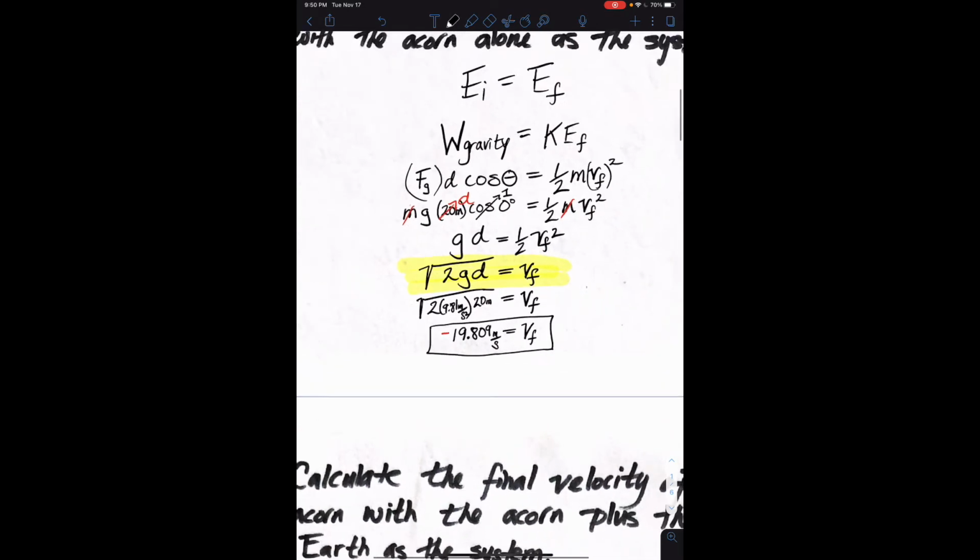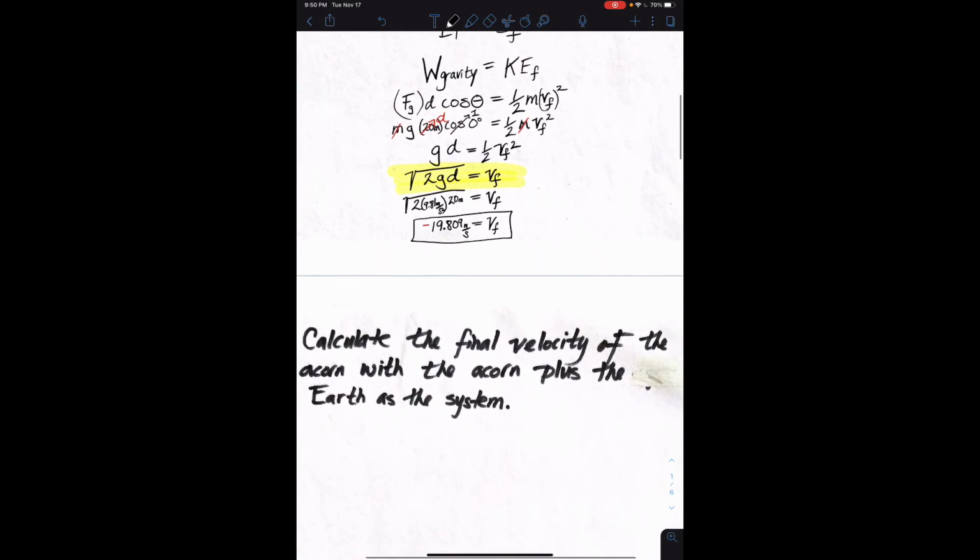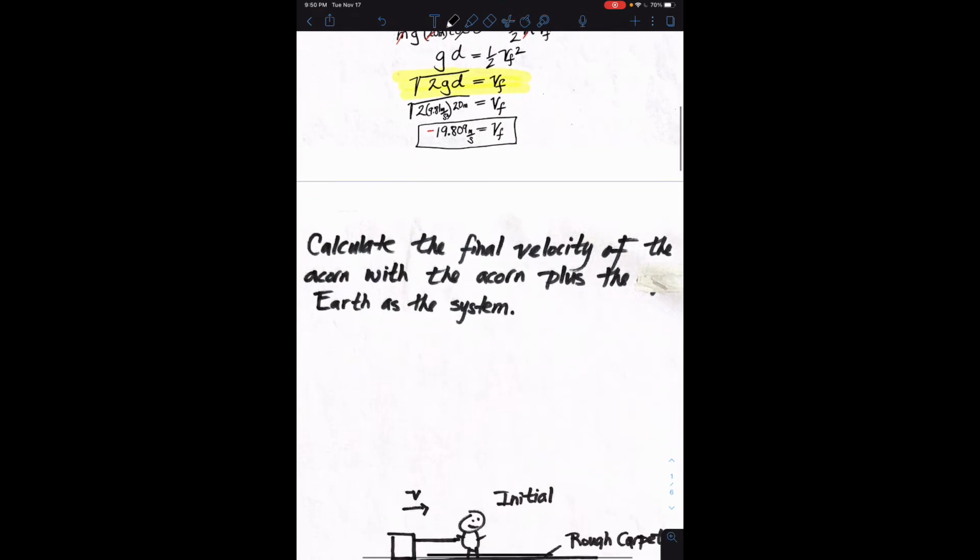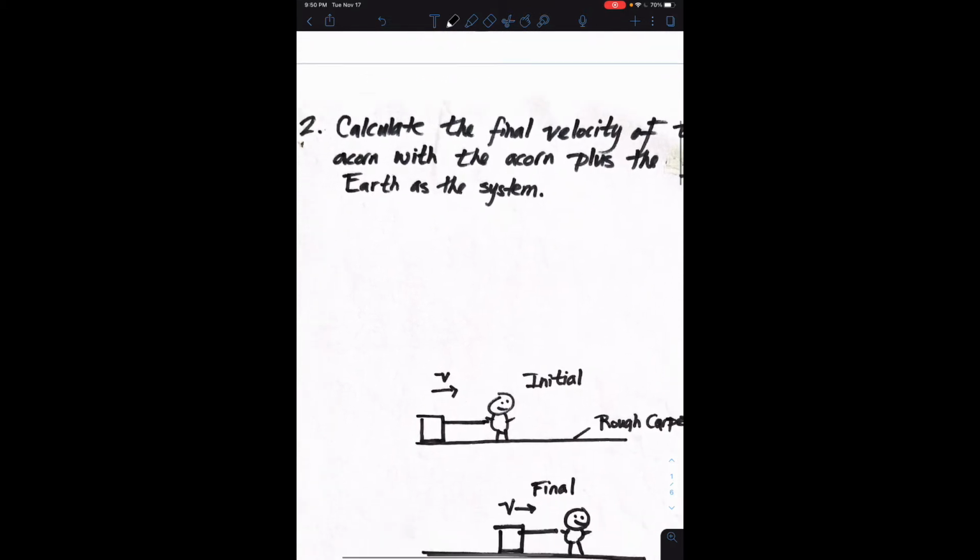Okay, let's go to the next problem here. So I think the next problem says we're going to do the exact same thing, but now we're going to consider the system to be the acorn plus the earth. So what we have then, let's do another drawing here. So we have the earth down here. We have the person.